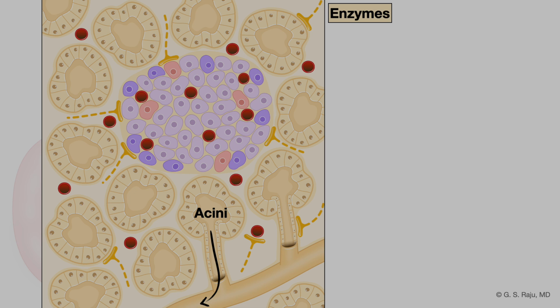And how do we keep these enzymes, the proteolytic enzymes, from getting activated inside the pancreas? How do we safeguard that? This is done by the ducts, which secrete bicarbonate, and keeping the pH in the neutral form keeps the proteolytic precursors of the enzymes in their inactive state.